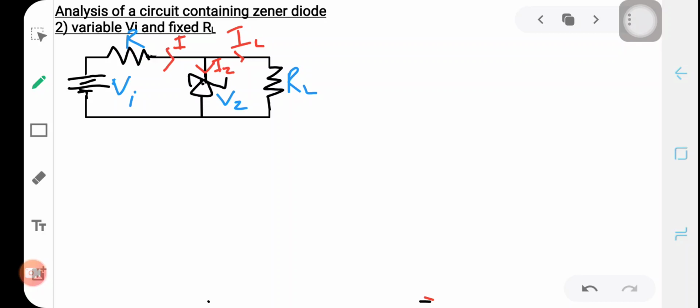Here I am representing the input voltage Vi, which is a variable one. So we are replacing the cell by a variable cell now.